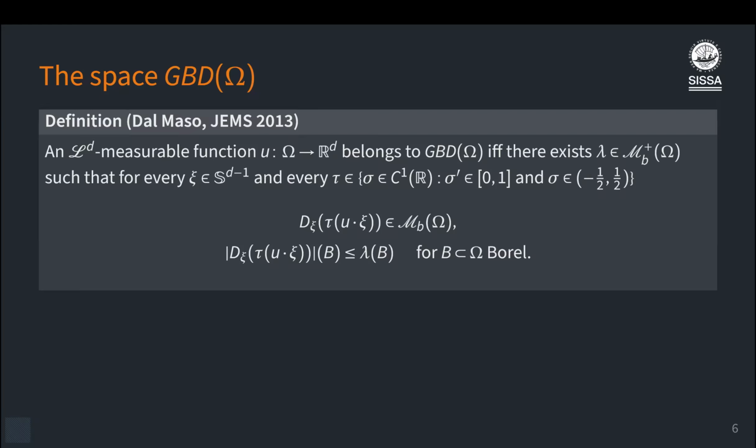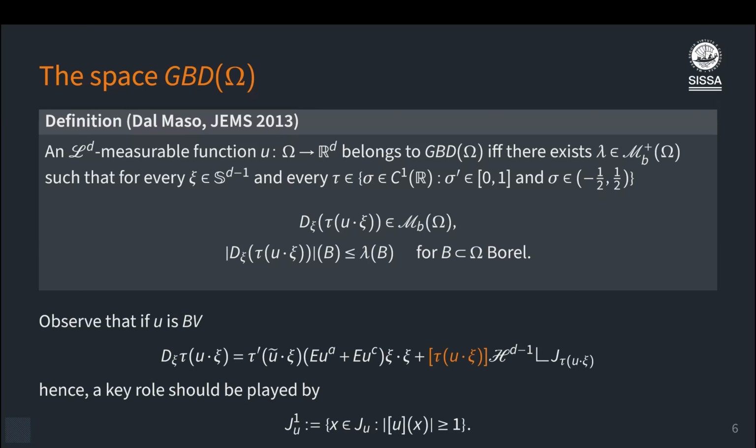And how does this relate with bounded deformation? Well, suppose, for instance, that u is a function of bounded variation. Then we have a chain rule for these functions. And when I develop this expression, what I'm going to recover on the absolutely continuous part and the Cantor part is, essentially, the symmetric gradient, modulo the factor here, the derivative of tau.